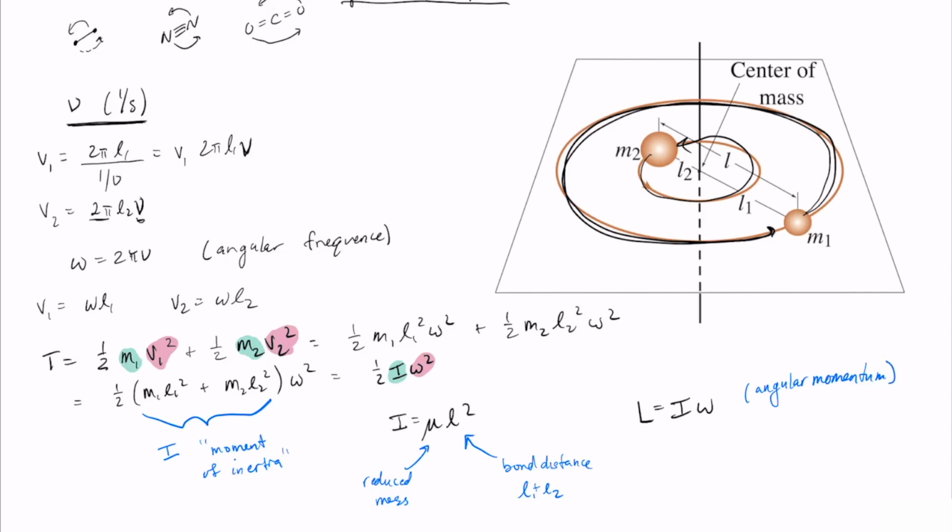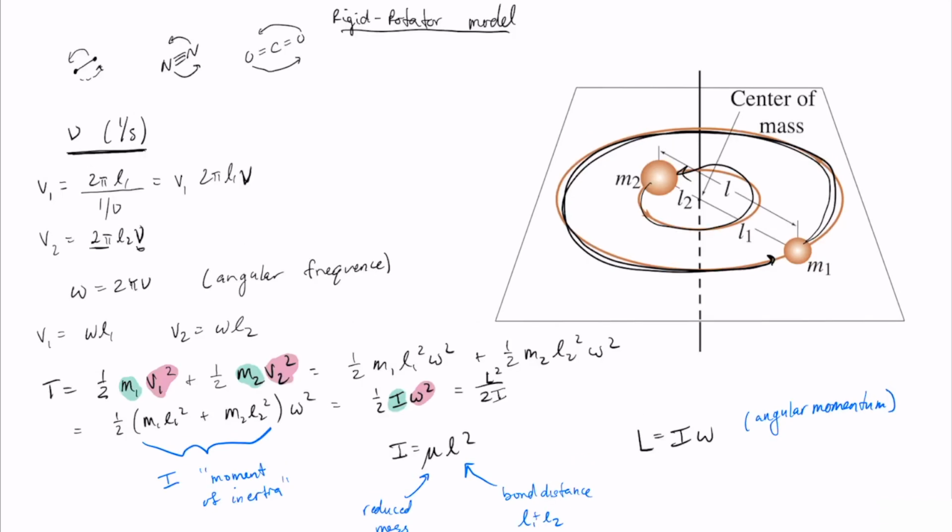Now we can once again use this to write the kinetic energy in a way that's more used to what we've been doing in this class, and that would look like this. Which is totally equivalent. Okay, and in the rigid rotator model, we're going to greatly simplify this whole idea by assuming that the distance between these two particles is fixed, right?